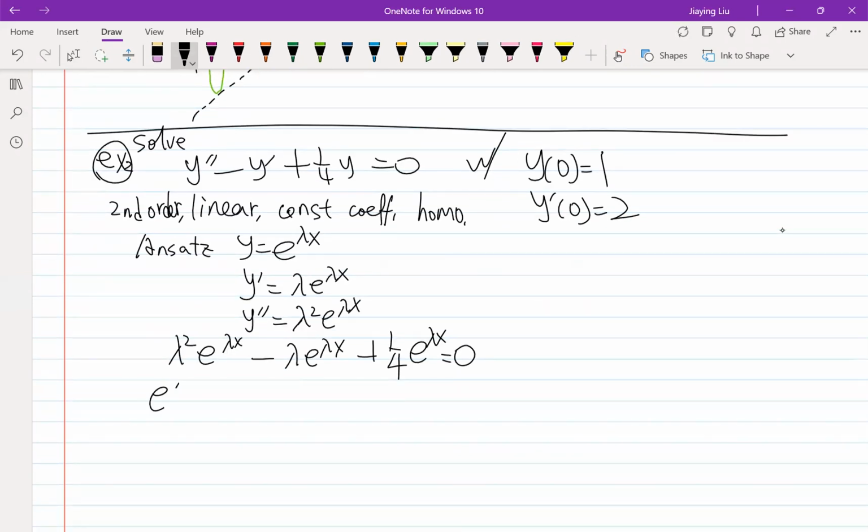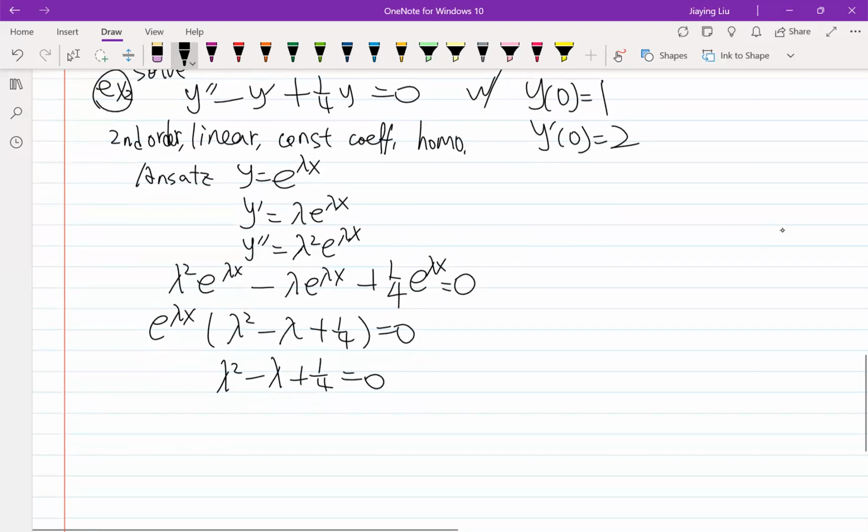Factor out e to the lambda x. We end up with lambda squared minus lambda plus 1/4 equals 0. Then we can write down the characteristic equation, lambda squared minus lambda plus 1/4 equals 0.